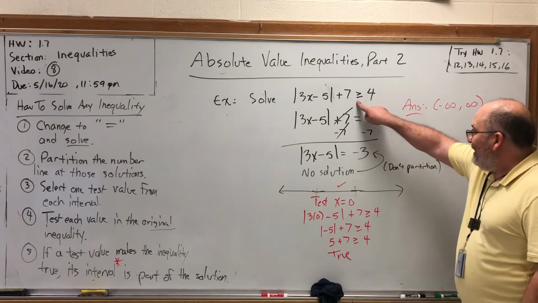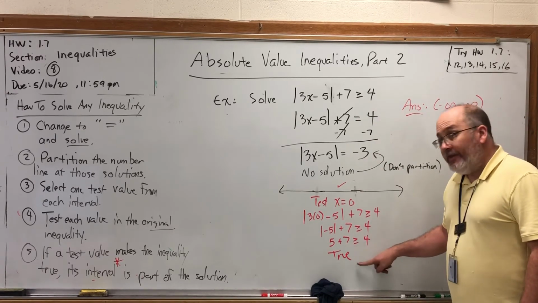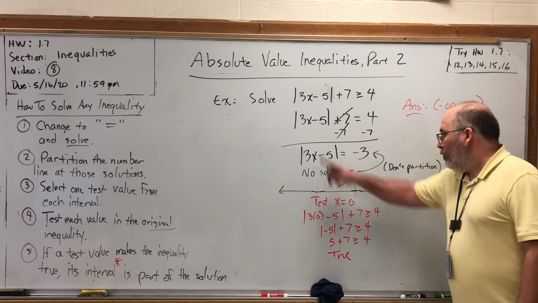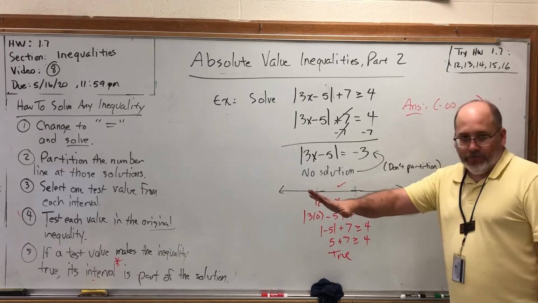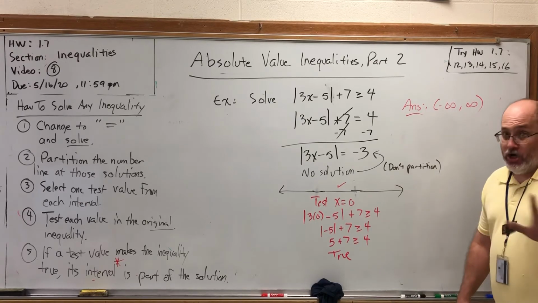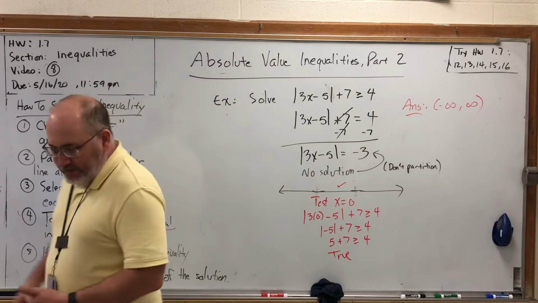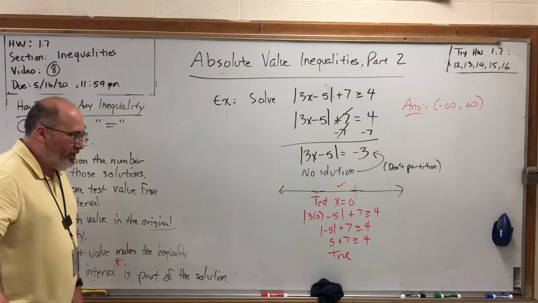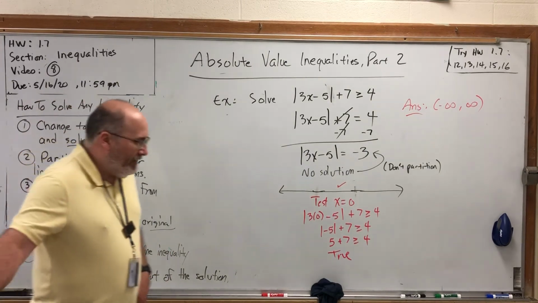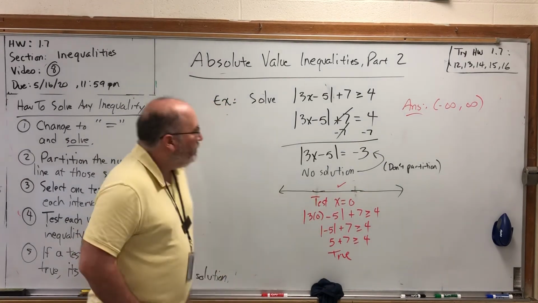But had this said less than, this would have been false. We would have crossed out the only interval we had, and the solution would have been no solution. So there is something to do when you're solving an equation and you do not get a partition value. That just means you test the entire number line with one single test value.